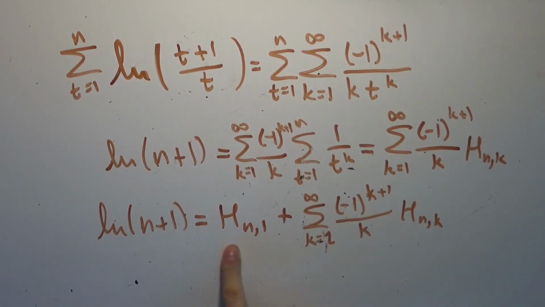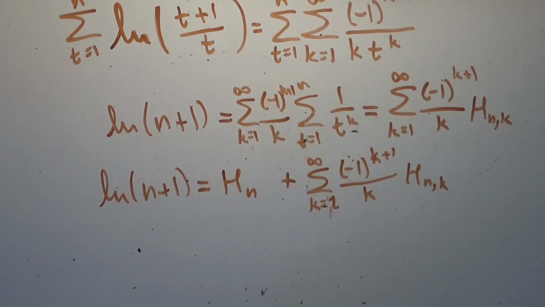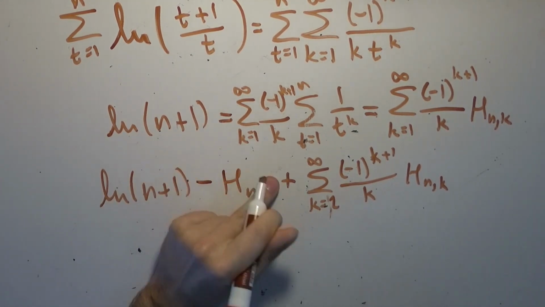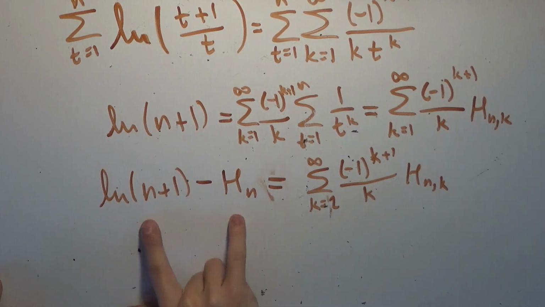Now, what is this? What did we say at the beginning? The generalized harmonic number h sub n comma 1 is exactly the same as the nth harmonic number. So we're going to subtract that term over, and set that equal to that. All I did was subtract that over, but this is very familiar.